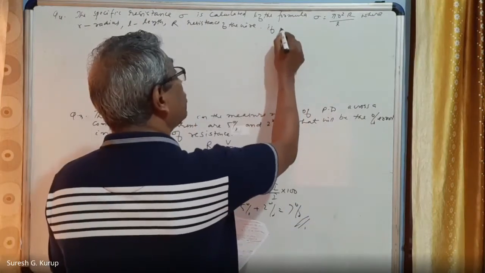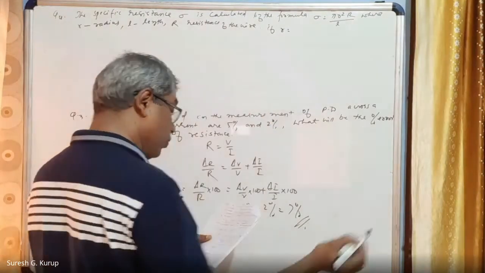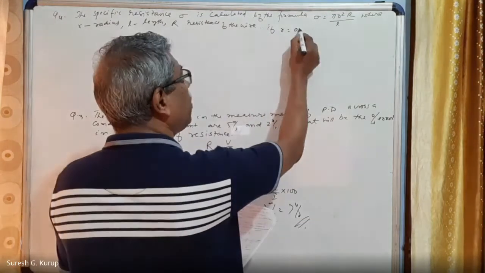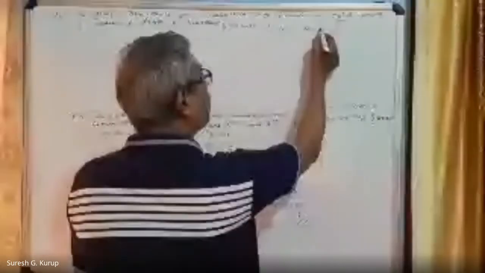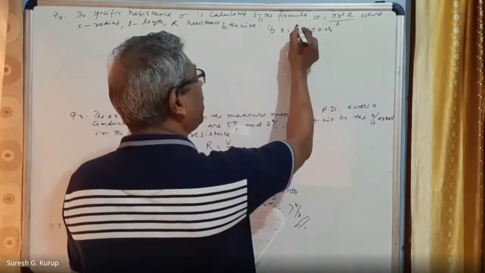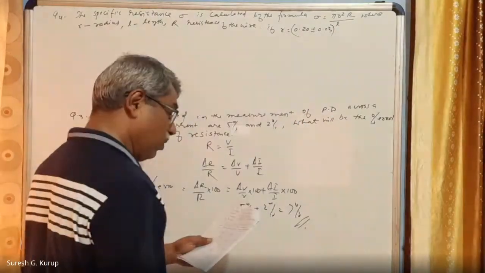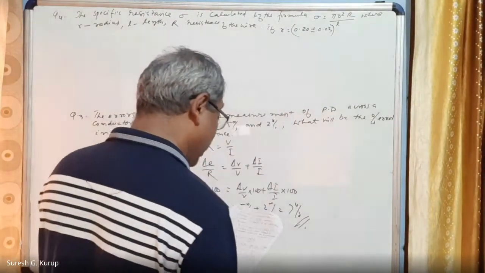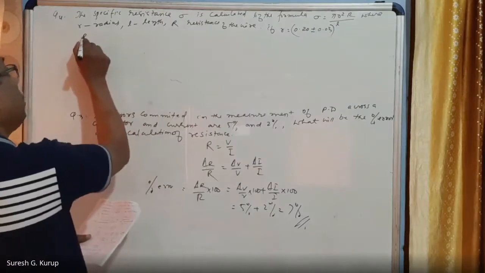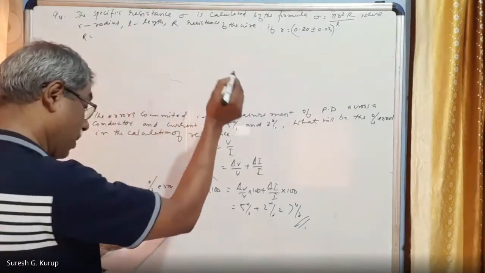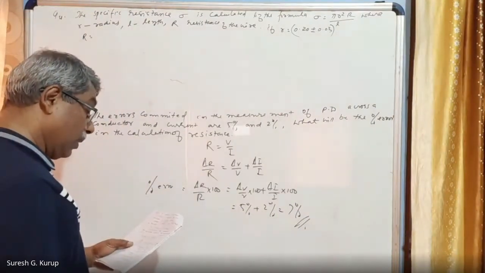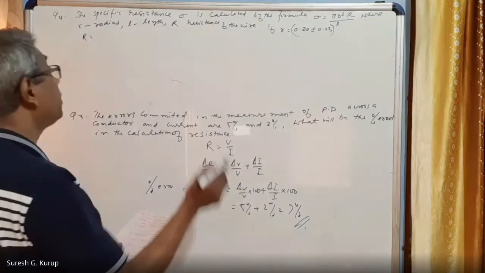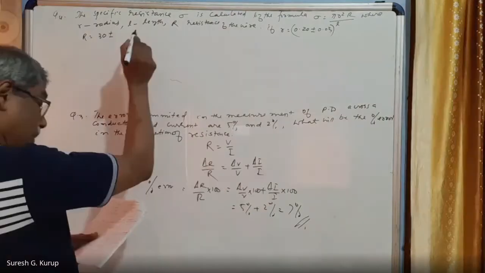So the given values of the wire: the observed value of small r is given, that is equal to 0.20 plus or minus 0.03. This is the observed value of radius. And the capital R is equal to 30 plus or minus 1.